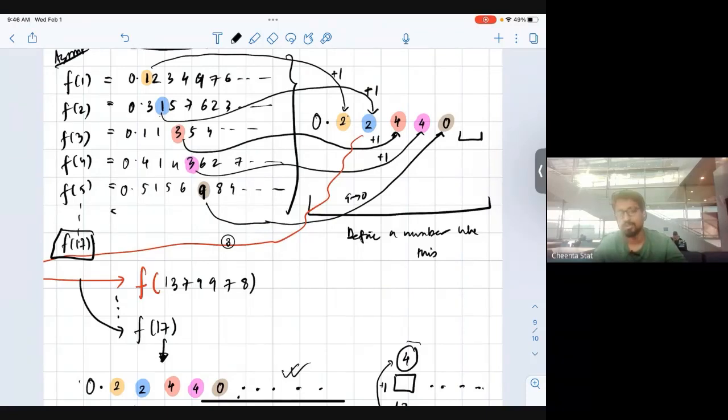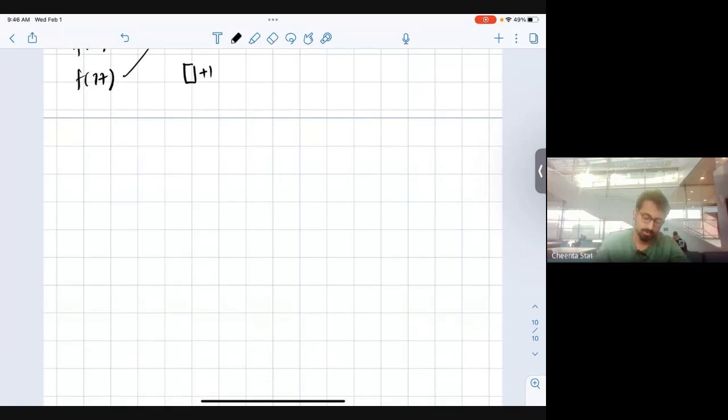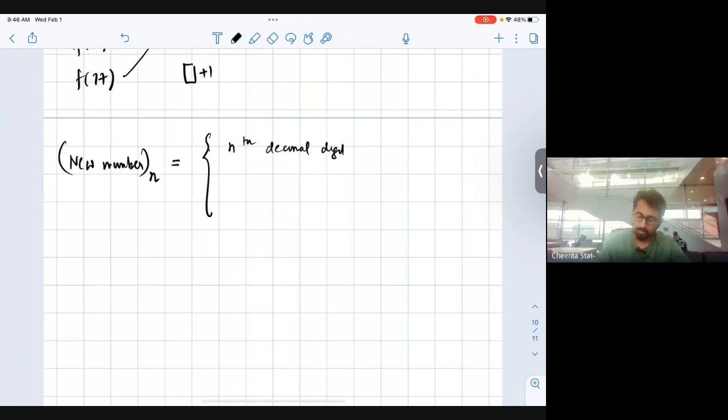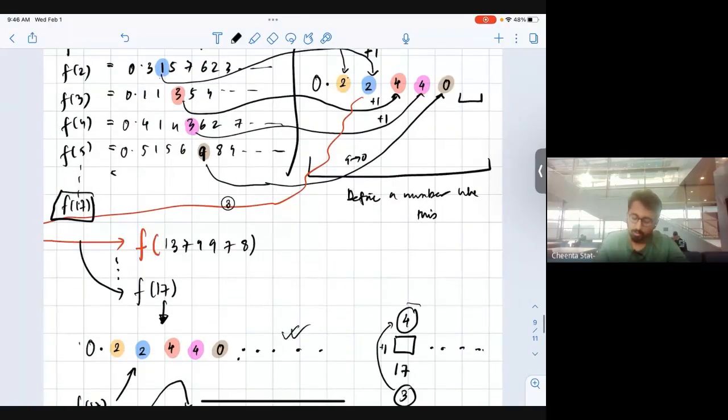This new sequence, the new number, is defined in such a way that the nth decimal position of the new number is nothing but the nth decimal digit of f of n plus 1. How is this formed?